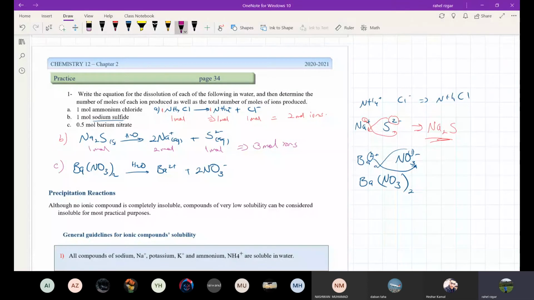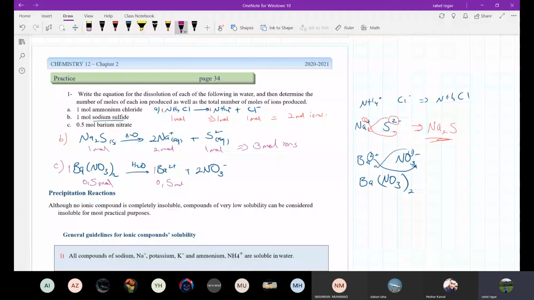Again, look at the moles. This one is 0.5 mole. And barium, what is barium? Coefficient of 1, coefficient of 1. So it means that it is the same. It is 0.5 again.